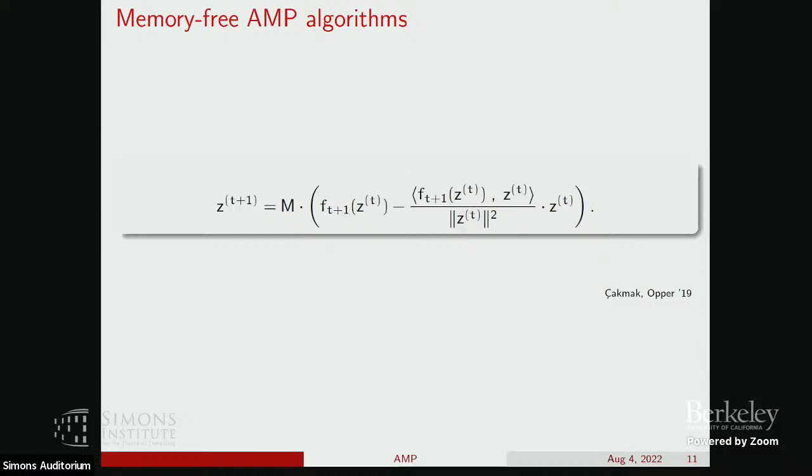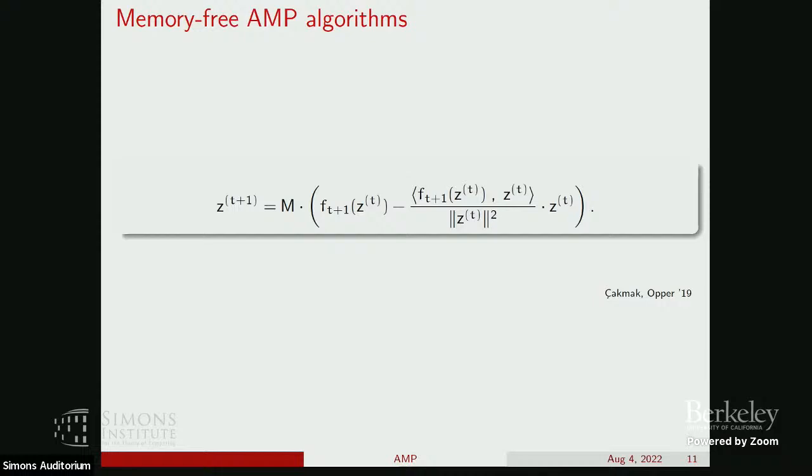You have Z_t, you apply some nonlinearity coordinate-wise to this vector, you multiply it with some matrix M, and effectively we would like to call that Z_{t+1}. But there is some small thing that you have to correct here. I'll come back to this in a bit. This is not really that important. You should really think of it as an algorithm that I get by taking a vector, applying a nonlinearity, multiplying by a matrix.